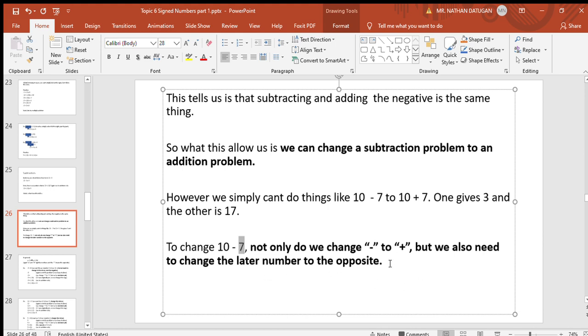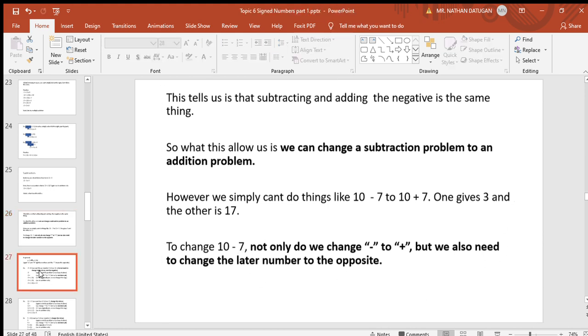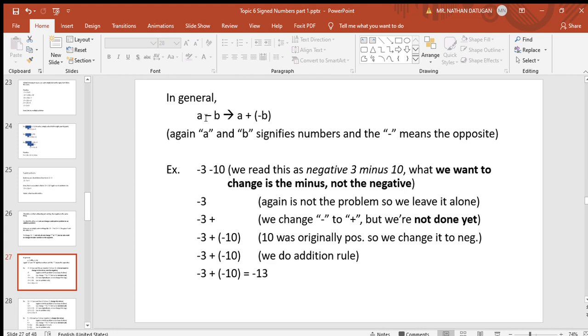Do you guys remember opposite? The opposite of 7 is negative 7. In general, A minus B will be changed to A plus the opposite of B. Not just negative, okay? We'll get into that later.